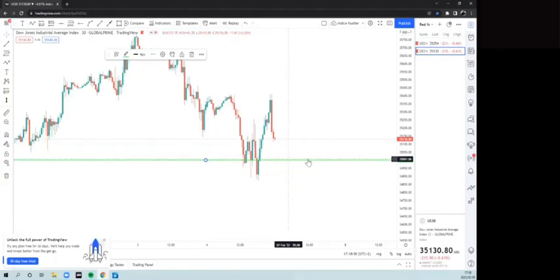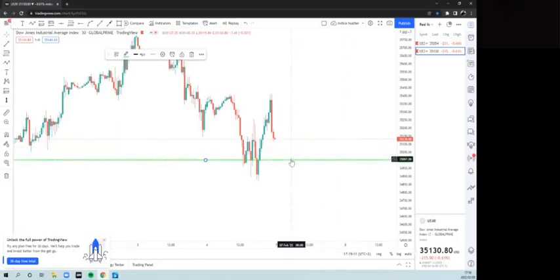So we can't be 1 point over or 1 point under when putting in these key levels. Everything has to be accurate to the point, to the T. No mistakes on this. So once we've done that, we've got our coordinates in place.